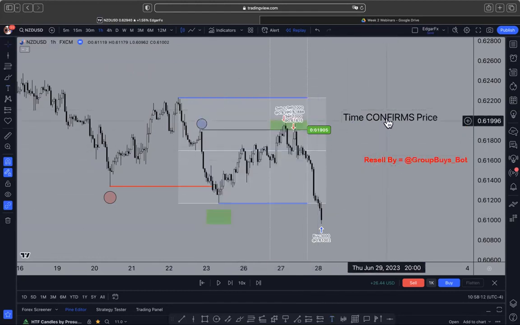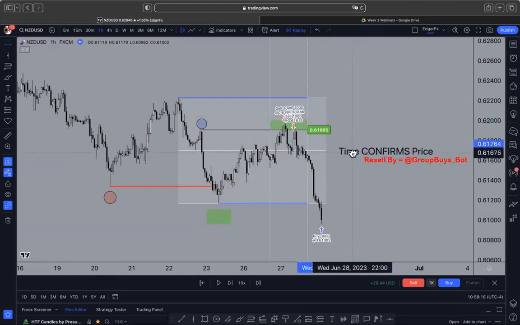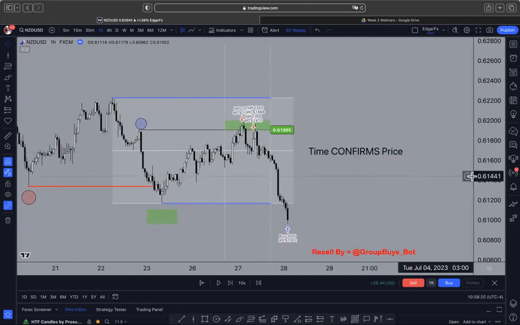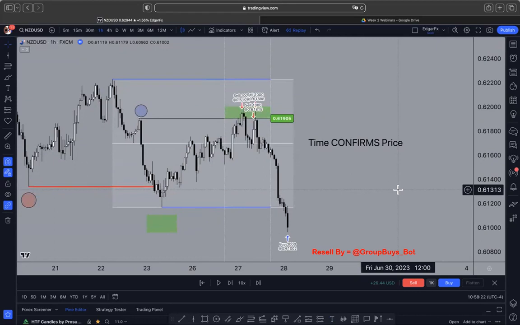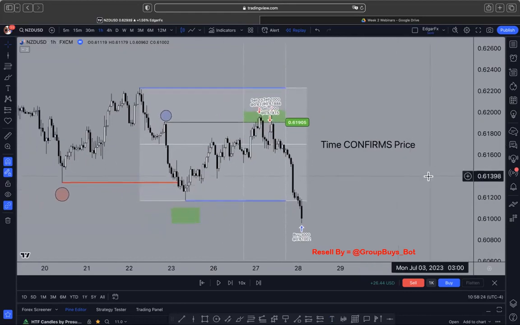Time is principle, it's preeminent. Time takes the cake. Without time, you don't got nothing. Time confirms price. Your confirmation is actually the time that you place your trades. But you're always trading orders, so everything always makes sense.